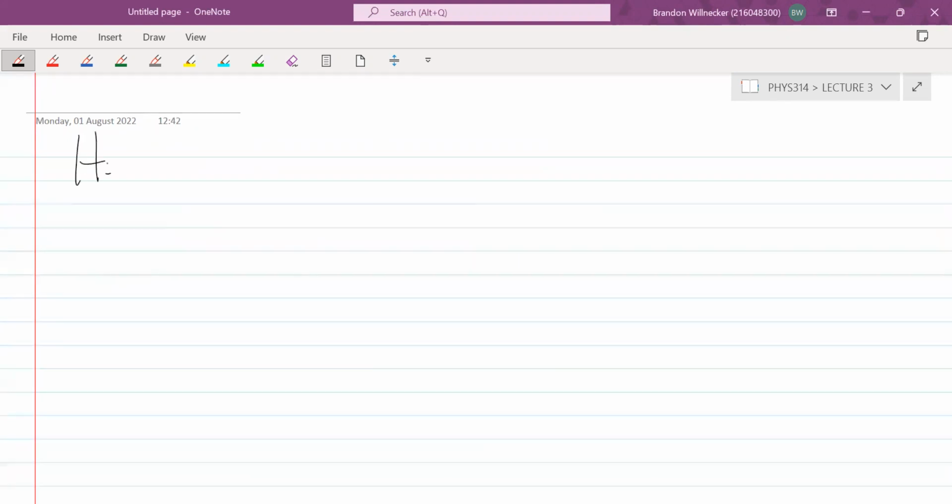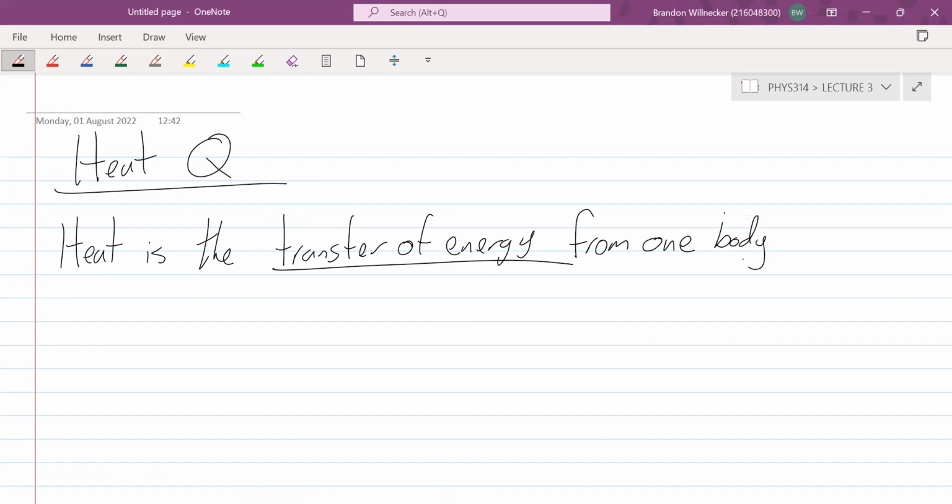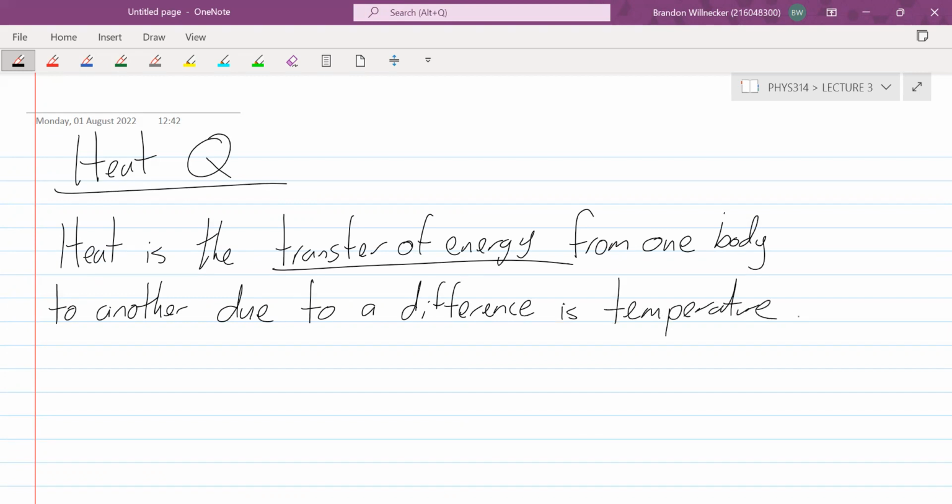So heat, that's given by the symbol Q. Heat is the transfer of energy from one body to another due to a difference in temperature. Okay, in other words, a temperature gradient.